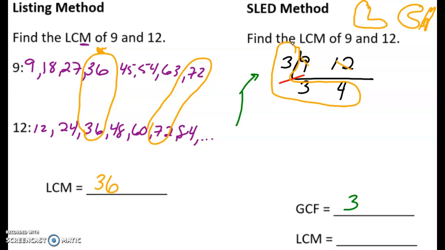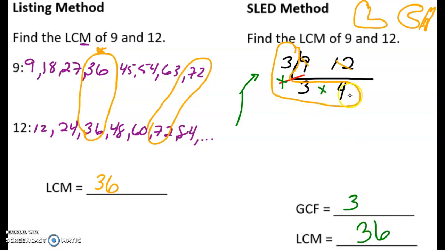Some of you do. Look at this. You see this 3, 3, and 4? Now remember when I brought out the 3, I divided, right? What is the opposite, the inverse of dividing? Multiplying. So watch this. If I multiply each of these numbers, what's 3 times 3? 9. And what's 9 times 4? 36. There's your LCM.